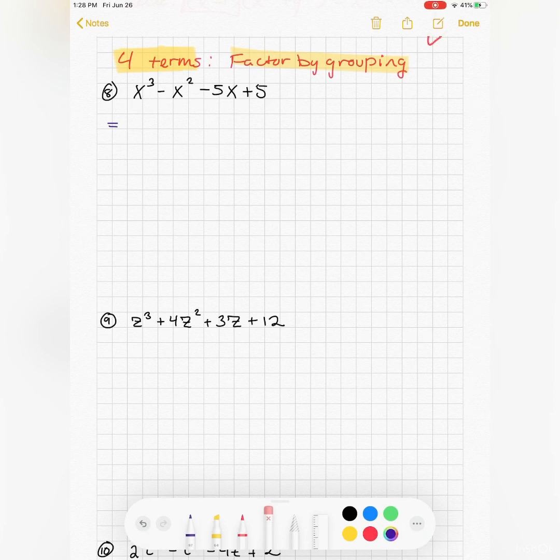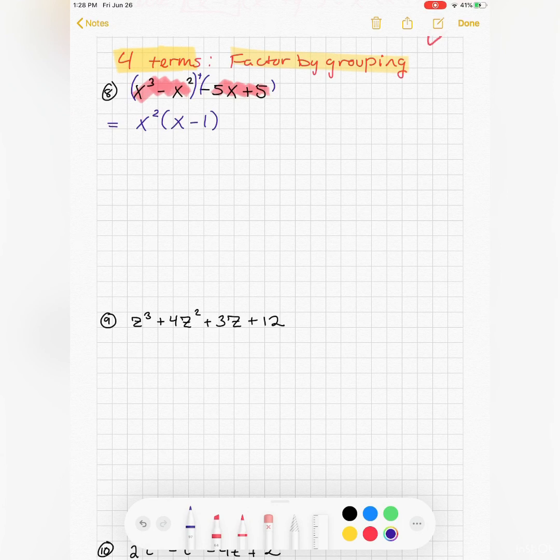In other words, what if I try putting these first 2 terms together, thinking of those as a group, and then the second 2 terms together, thinking of those as a group? Okay, so I look at the first group, and I say, what can I pull out of that first group? I can pull an x squared out of that group as a GCF, right? Then I look at my second group and I say, what can I pull out of this second group?